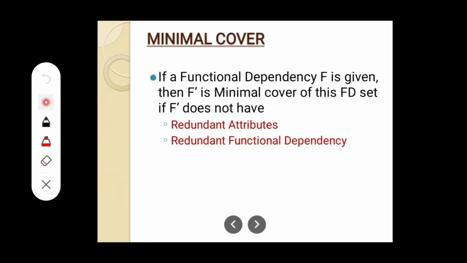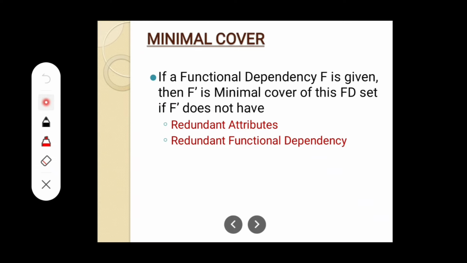Okay, redundant ആയിട്ടുള്ള attribute വരാൻ പാടില്ല, redundant ആയിട്ടുള്ള functional dependencies വരാൻ പാടില്ല. So a minimal cover of a functional dependency set F is nothing but one that follows these two conditions: it does not contain redundant attributes, and it does not contain redundant functional dependencies.